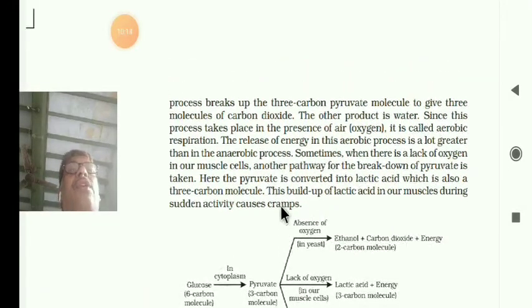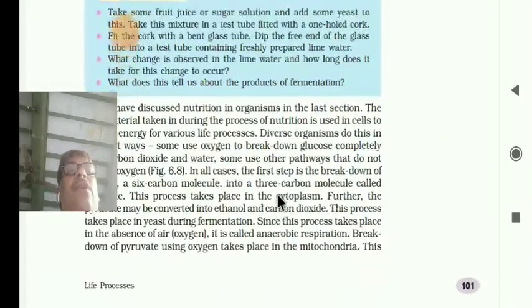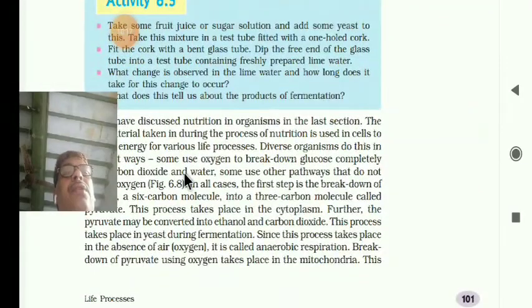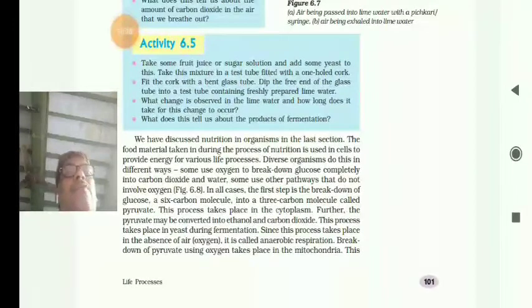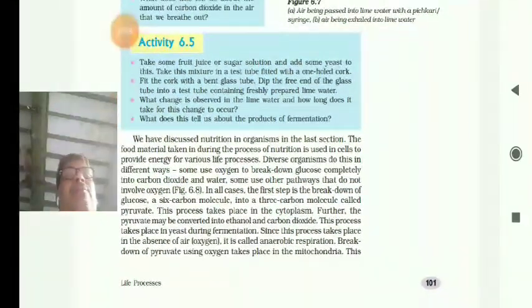So look here now, we have discussed nutrition in organisms in the last section. The food material taken during the process of nutrition is used by the cells to provide energy. So the cells use energy for various life processes.